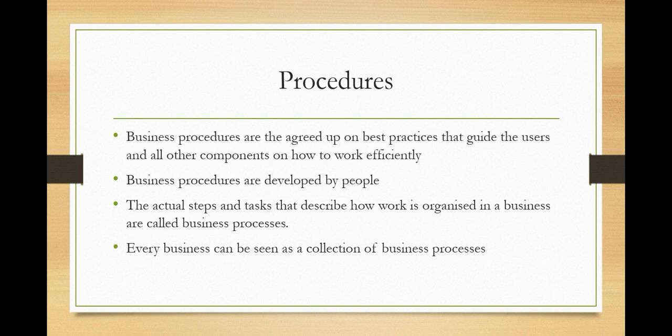They can be developed by users or consultants or other IS specialists, and the actual steps and tasks that describe how a certain work is organized in a business are called business procedures, or business processes. A business process is actually a logically related set of activities that define how specific business tasks are performed.